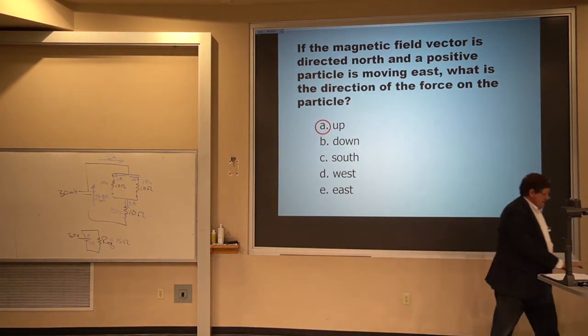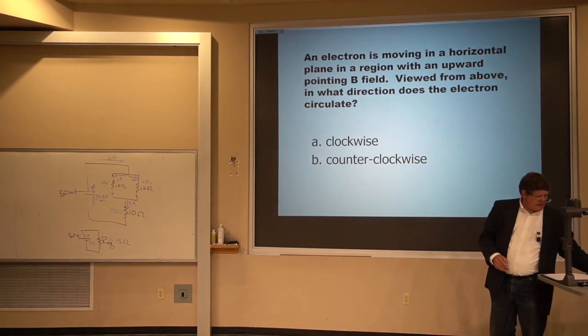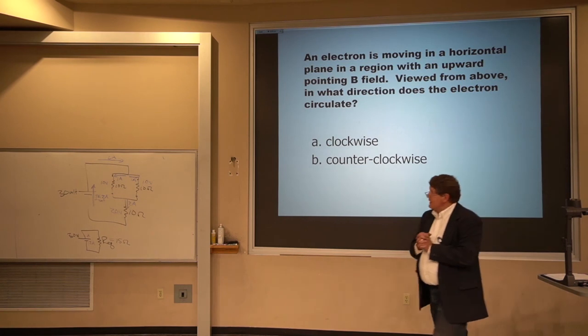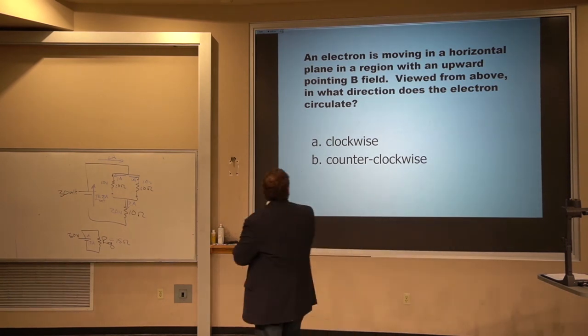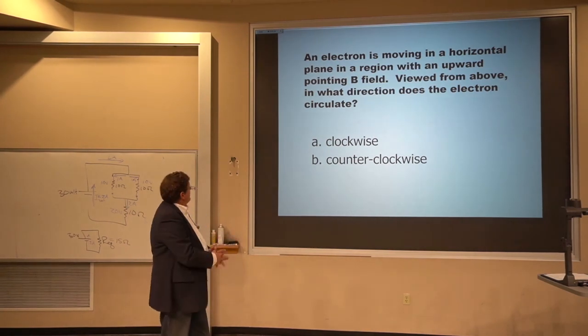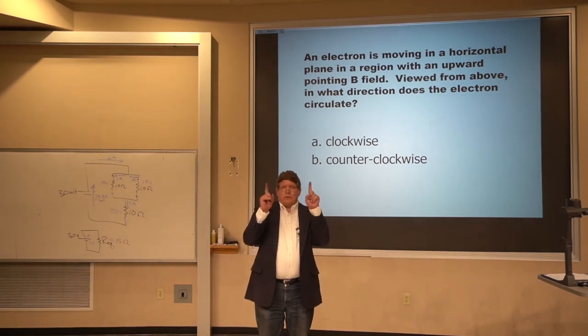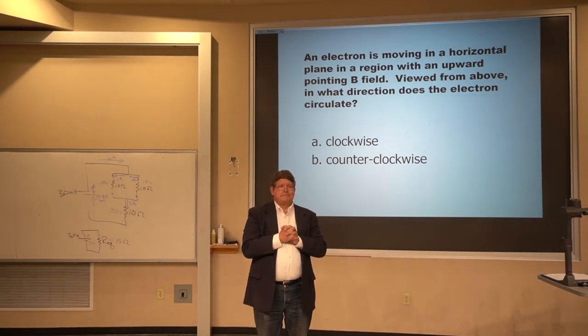I think this is the last problem in our review. An electron is moving in a horizontal plane, that means parallel to the floor, in a region with an upward pointing magnetic field. So the B field is always pointing up.